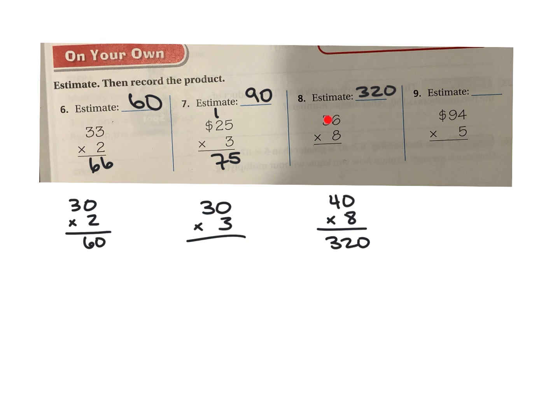Remember, this is 30 plus 6, so we need to multiply 8 times 6 and 8 times the 30. But we start here in case there's any spillover. 8 times 6 is 48. Definitely does not fit there, so we're going to do 48, like that. Carry over. Then we do 8 times 3 for this one.